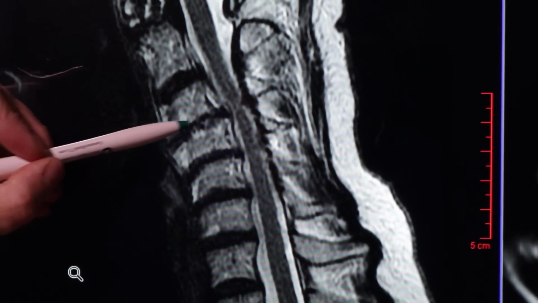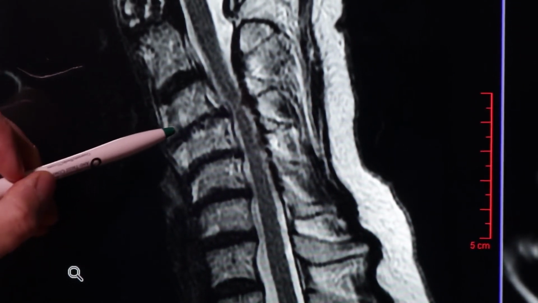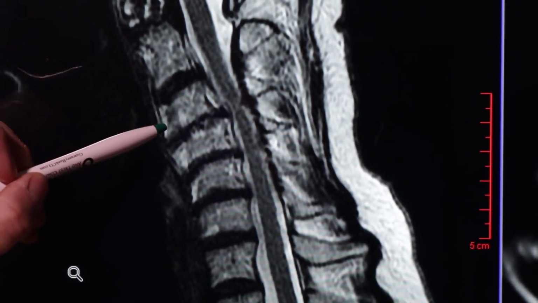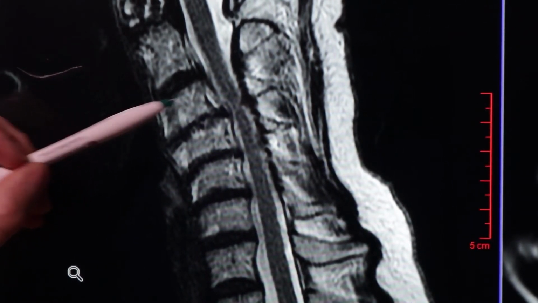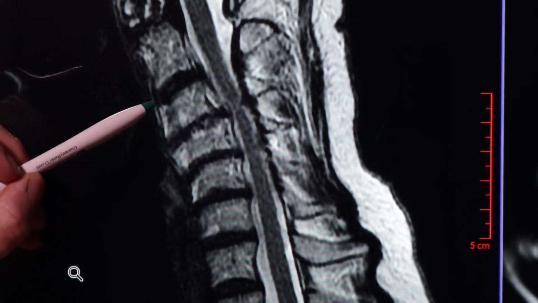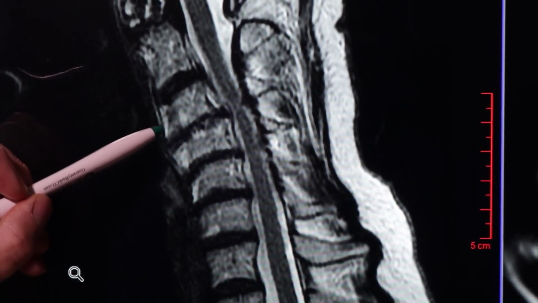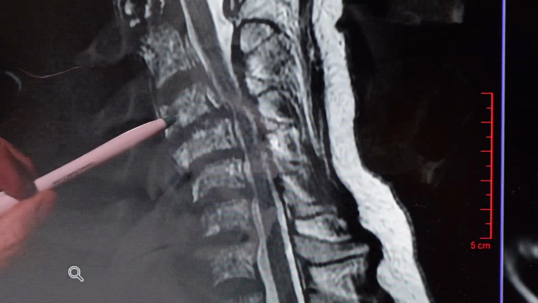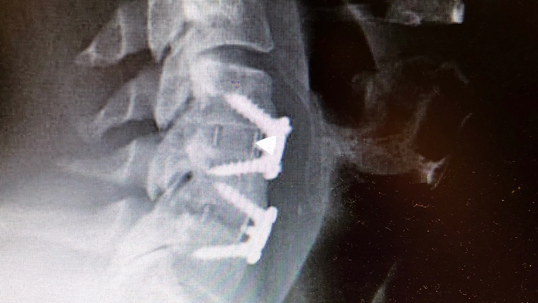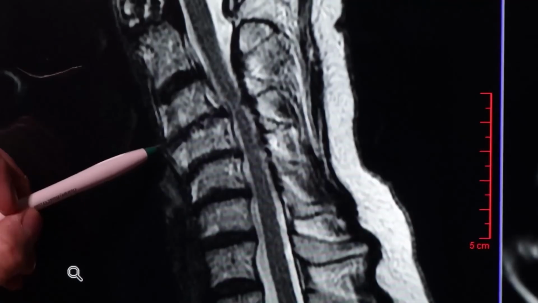And then in that space where the disc was removed from, we fill that space in with a special device filled with bone, and then we usually place another small device, typically a thin metal plate, along the front of these 2 bones, and that cage, as it's called, that is inserted between the bones, fuses those bones together over typically a 3 to 6 month period of time.